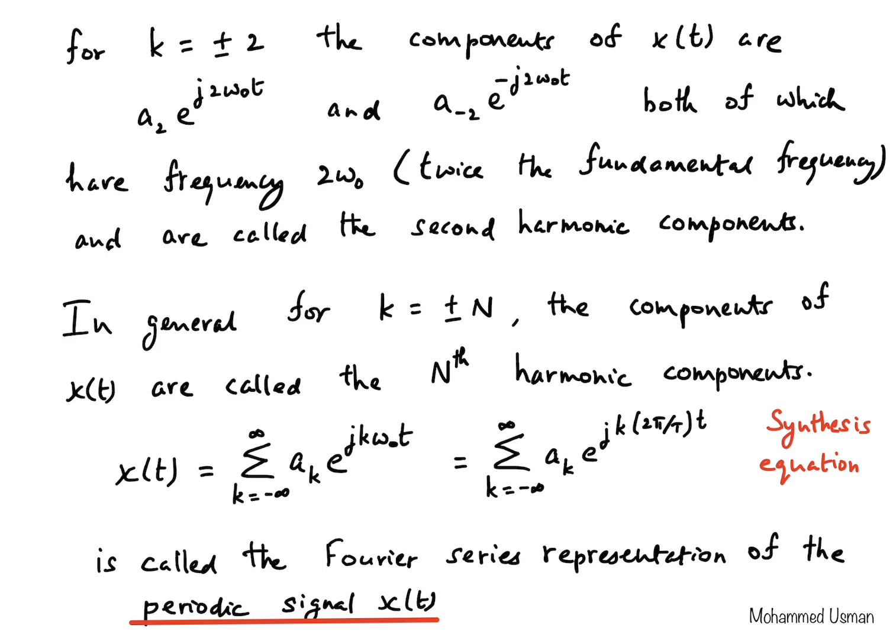So both have a frequency value of 2 omega naught, which is twice the fundamental frequency, and therefore they are called the second harmonic components of the signal. The second harmonic components have a frequency value equal to twice the first harmonic component values.